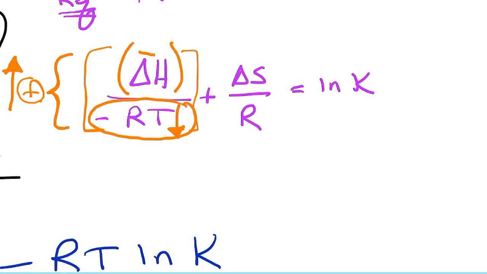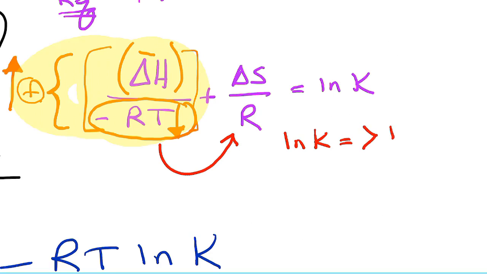And this bigger positive value is now going to be added to this positive value. Which means the ln of K becomes what? Greater, or more positive. Now, if it's more positive, it's going to favor the products.